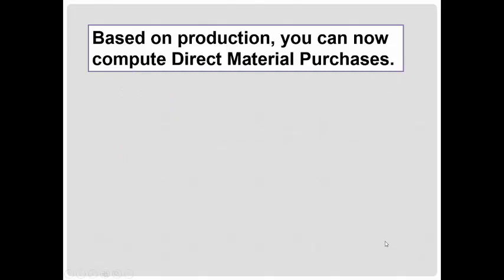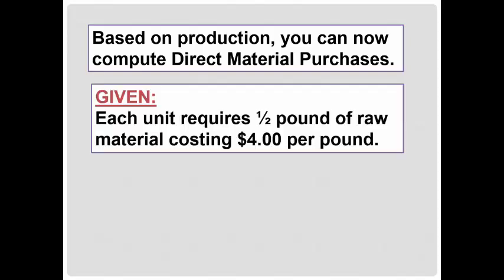Now that we've computed production, we can compute our direct material purchases budget. What we were told initially about raw materials is that every unit requires 1/2 pound of material that costs $4 per pound. So we're going to do this for the first 2 months, but as you'll see, we do need to look at the first 3 months, at least initially.